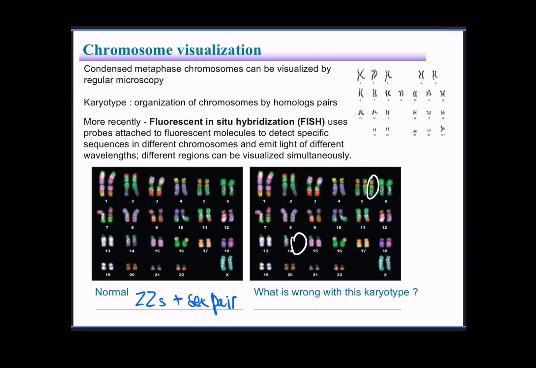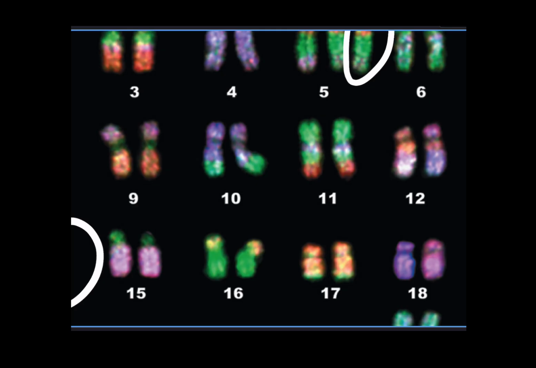So if we zoom in on chromosome 10 here, we see that both of them have a purple part in the centromere and much of both arms, and then these green probes attaching to them near one of their telomeres, right?